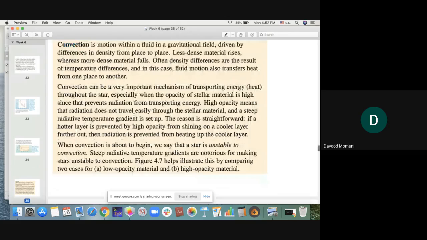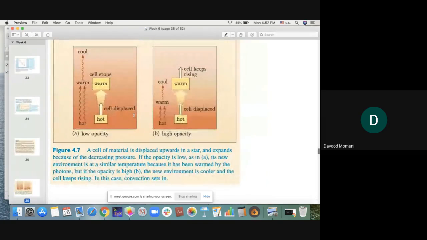This is a picture with which we can talk about convection. You see that the opacity is very important. Opacity is like a capacity, you know? It is the possibility for an object to be dark.